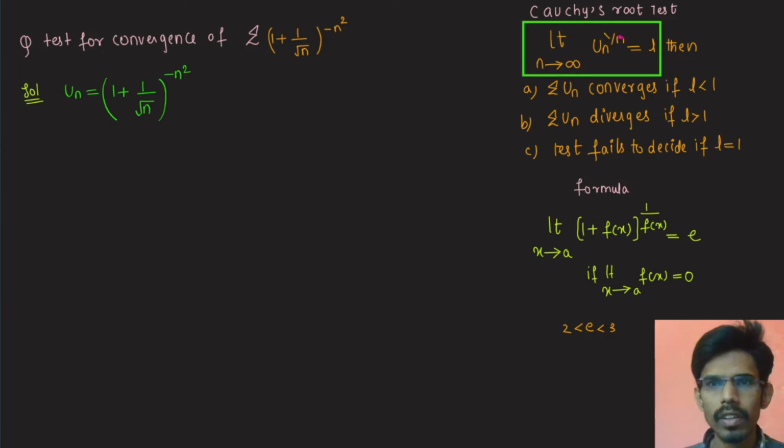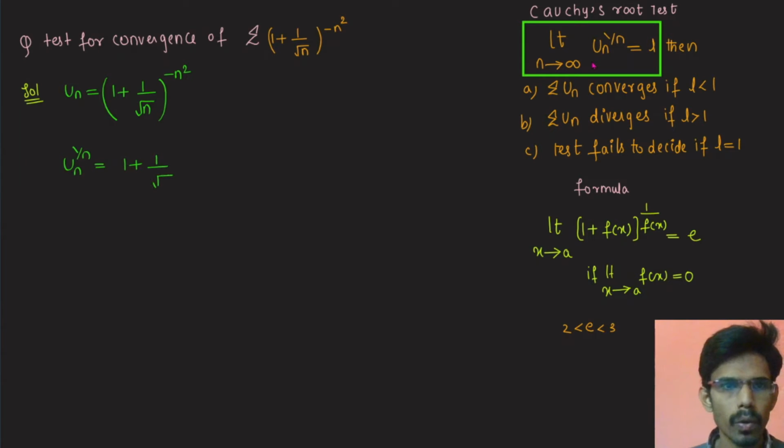Here we want un power 1 by n, so apply power 1 by n on both sides. We have un power 1 by n, that will be 1 plus 1 by root n whole minus n square whole power of 1 by n. Now this minus n square will multiply to this 1 by n, then we have 1 plus 1 by root n whole power of minus n square by n, which will be minus n.